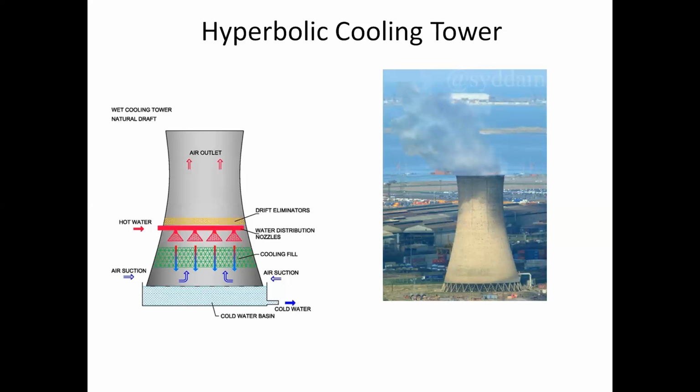Hyperbolic cooling tower से vapors हमें दिख रहे हैं क्योंकि that vapor is nothing but the mixture of hot air and some amount of vapors. So यहाँ पे आप देख रहे हो there is no pump or any kind of external device. So it is natural.